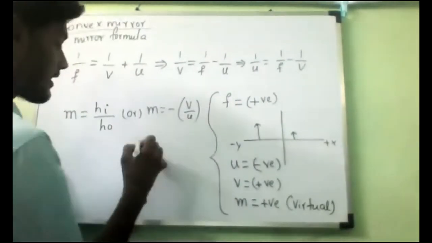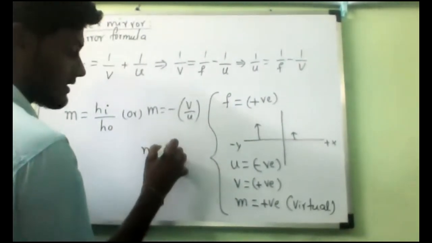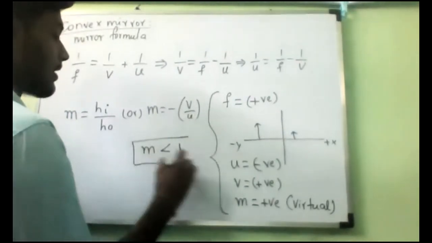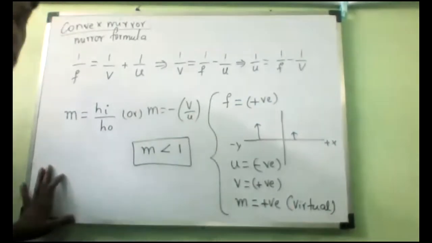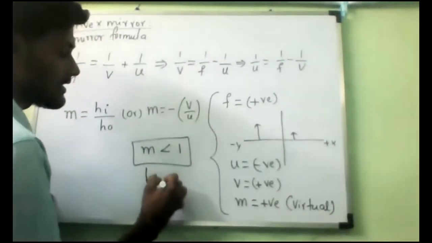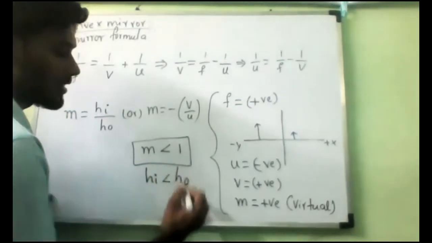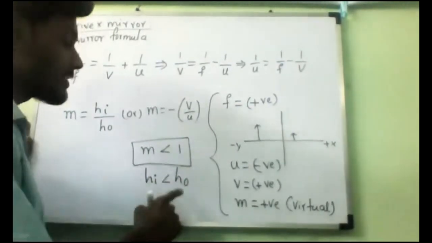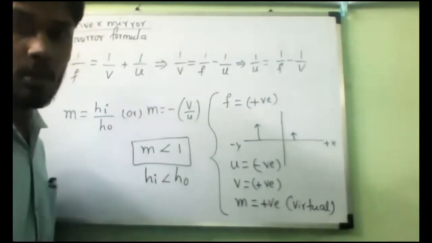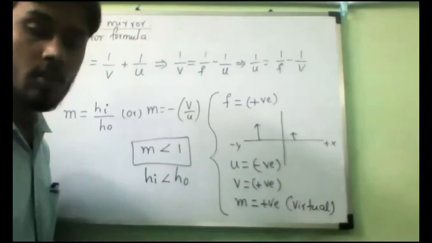Next, magnification is always less than 1. That is also something you should remember. It means the height of the image is always less than the height of the object. Is there any doubt, anybody?